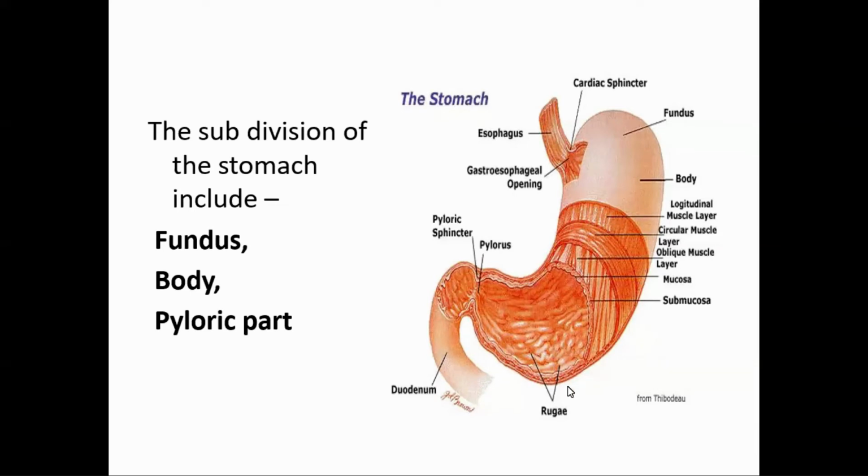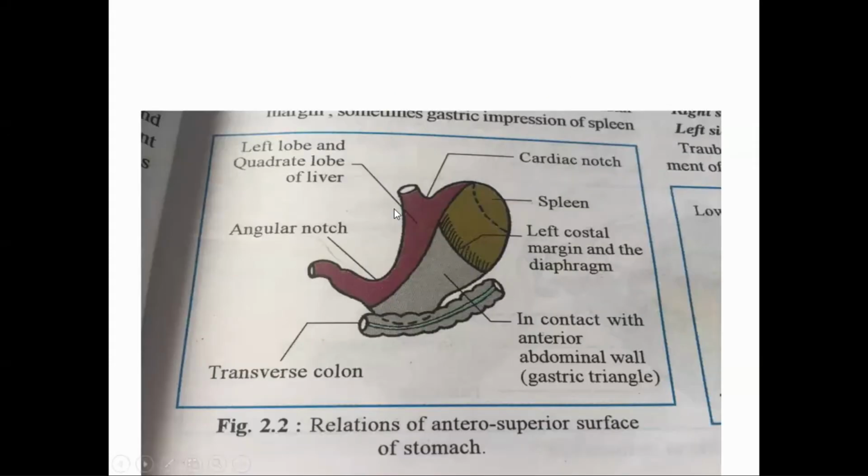So the upper imaginary line and the line from the cardiac notch enclose the body of the stomach. Below these is the pyloric antrum, then the pyloric canal, and the pyloric orifice.